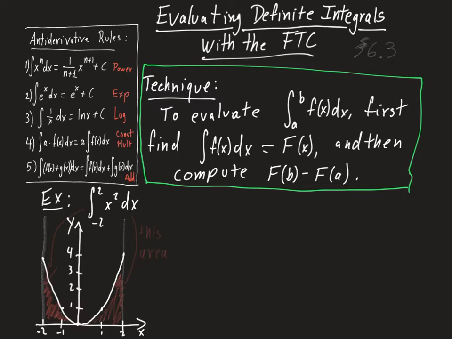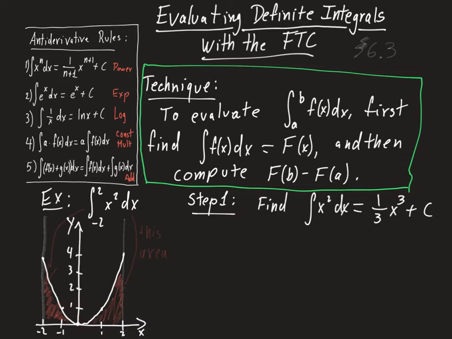Okay, so let me make sure I'm in the right color here. Step 1. So the first step is just going to be to find the antiderivative of x squared dx. And this, by power rule, by the rule number 1 that I've written over here on the side, is going to be equal to 1/3 of x cubed.